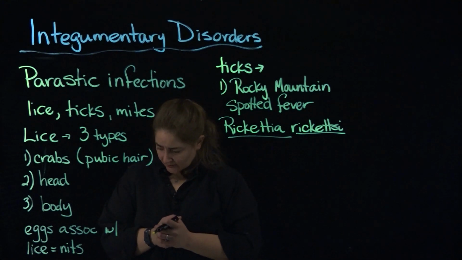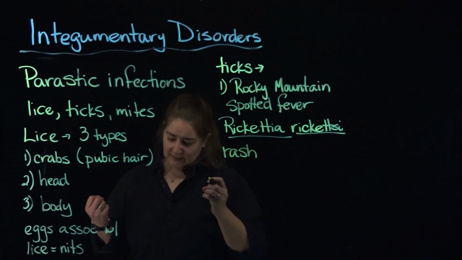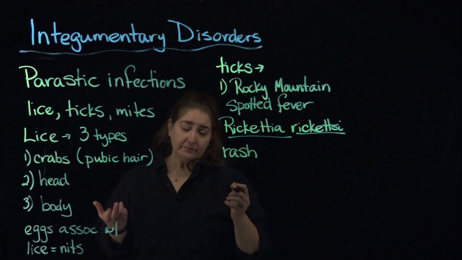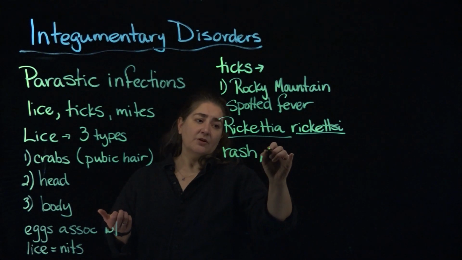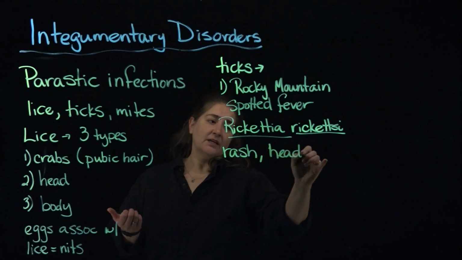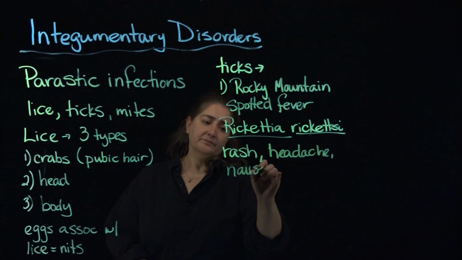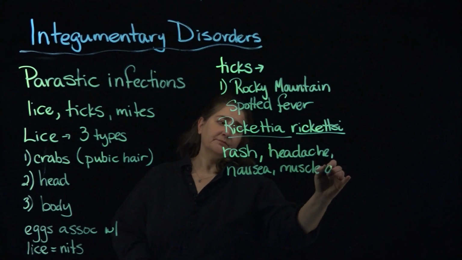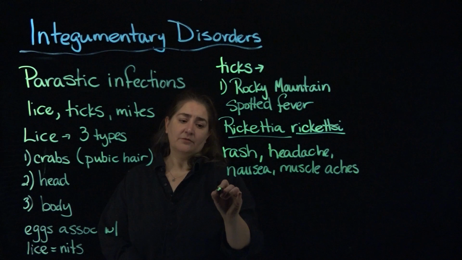You can get some swelling, but the rash is what's key associated with Rocky Mountain spotted fever. All right, but you also get headache, nausea, and the muscle aches are another key symptom associated with Rocky Mountain spotted fever.